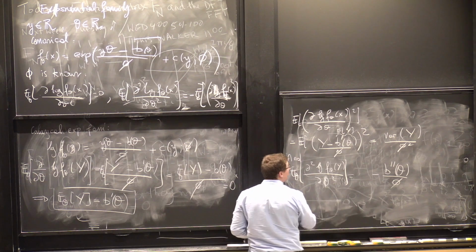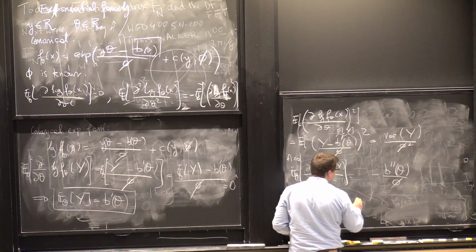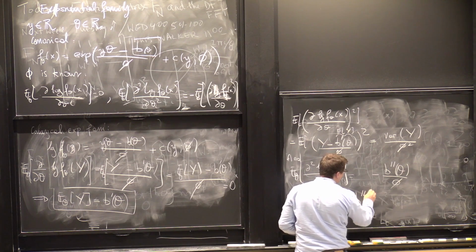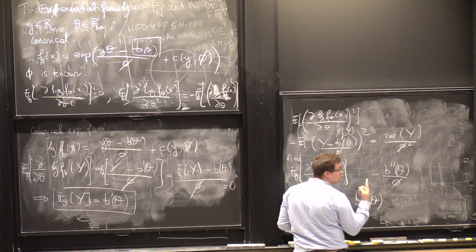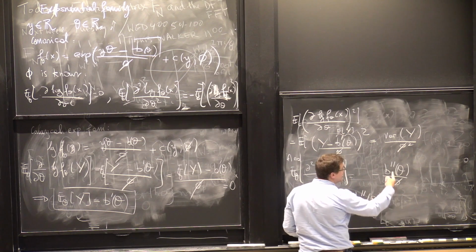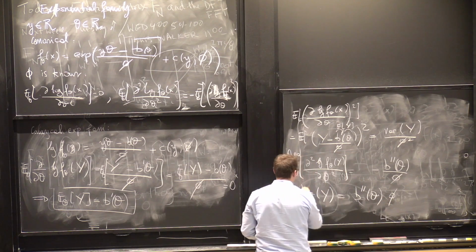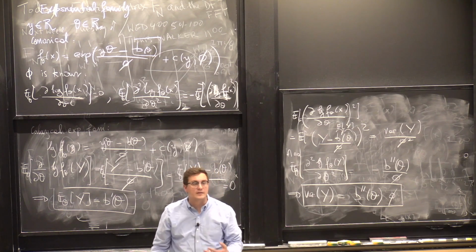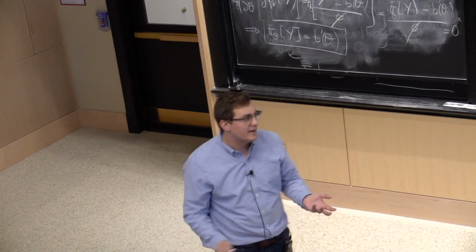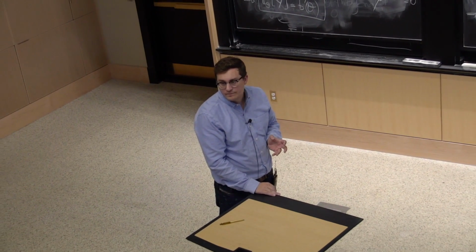This implies that the variance of y is equal to b prime prime theta, and then I have a phi squared in the denominator that cancels only one of the phi squares, so it's times phi. So now I have that my second derivative, since I know phi, is completely determining the variance.